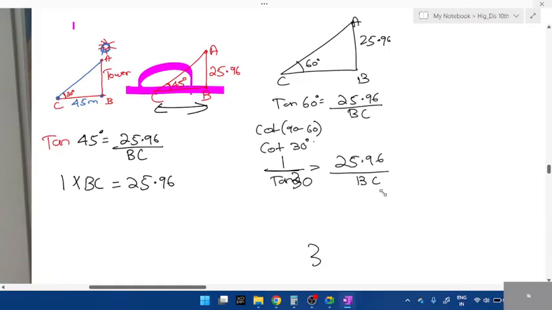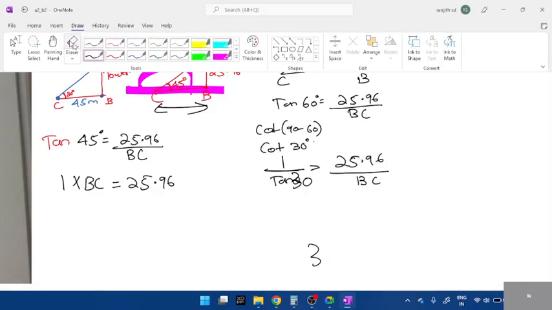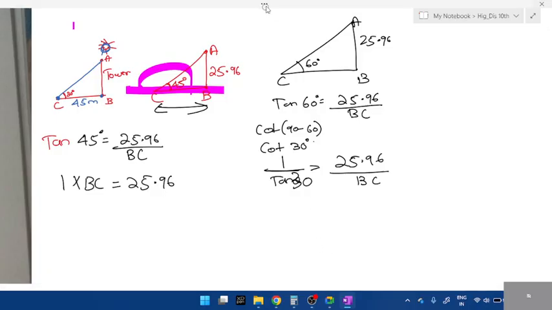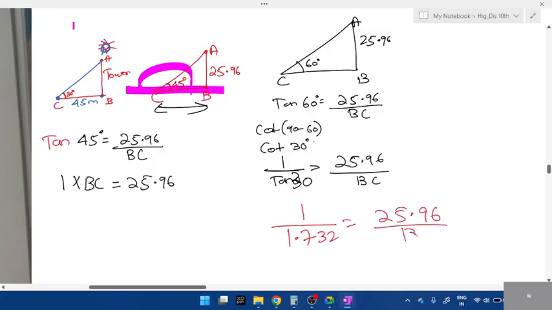I'll teach you even the direct method. I'll teach you how to do it directly. Look, now tell me, what is tan 30? 1 by root 3, that is 1.732, is equal to 25.96 by BC. If BC goes to the other side, what about the decimal? It gets multiplied. So you get 25.96 into 1.732.